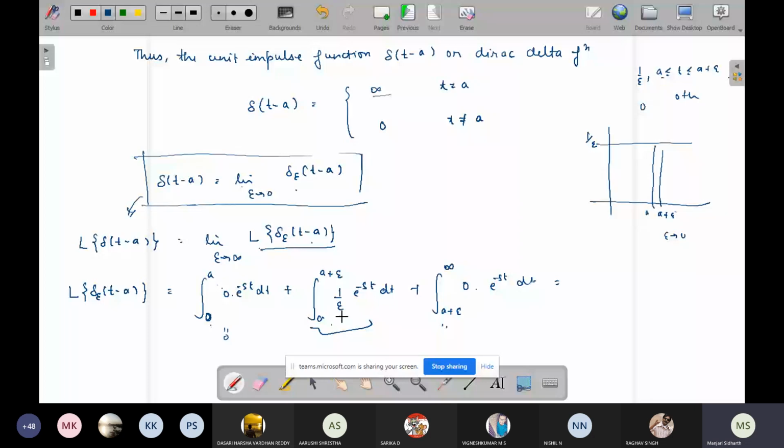One by epsilon is independent of t, so you can take it outside, right? Now the integration of e power minus st is e power minus st divided by minus s, with limits a to a plus epsilon. So you can take s also outside, because we need to substitute the limits for t.